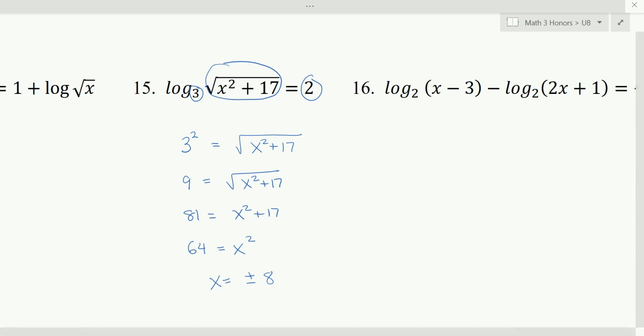Raise your hand if you think yes, I can keep them both. Raise your hand if you say no, I cannot keep them both. Okay. You can, good, because even the negative, if I plug it back in, will the negative 8 make the argument negative? No. So it's okay to keep. Okay? As long as the argument itself is positive, that whole expression, then we're okay.